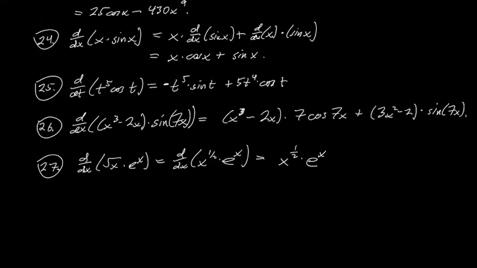E to the x doesn't change, though, plus the derivative of the first, 1/2 x to the minus 1/2 times the second, which is, again, just e to the x. So you could factor the e to the x out, or you could rewrite these in terms of square roots. That's root x plus 1 over 2 root x times e to the x, if you like. It's not that big a deal. You can leave it whichever form you want. Okay, so that's 27.